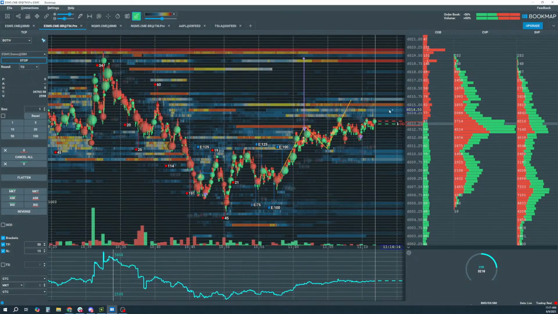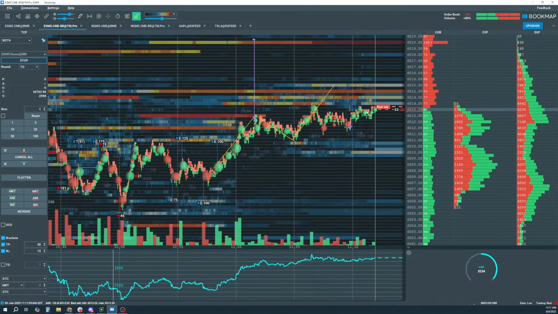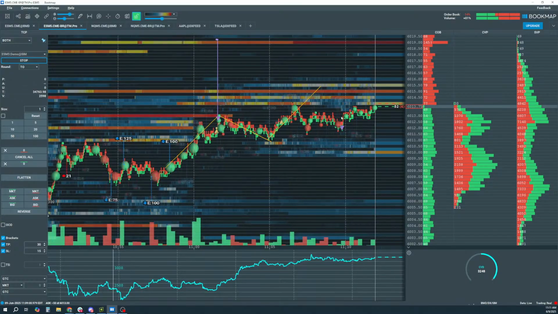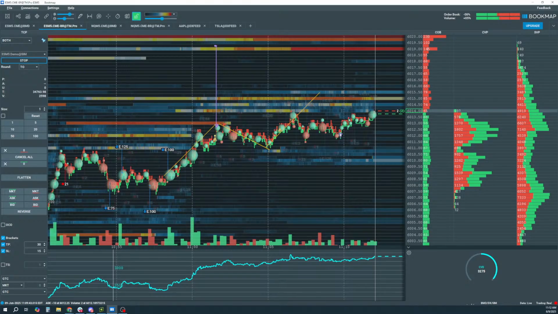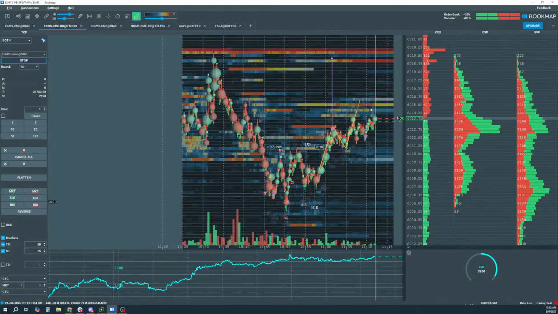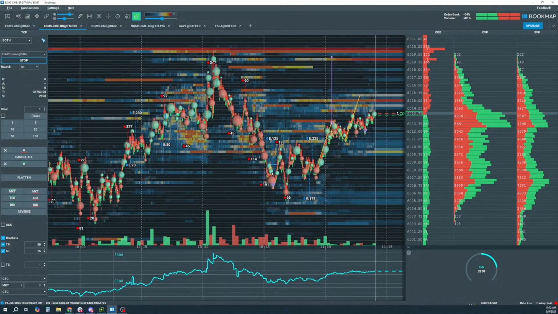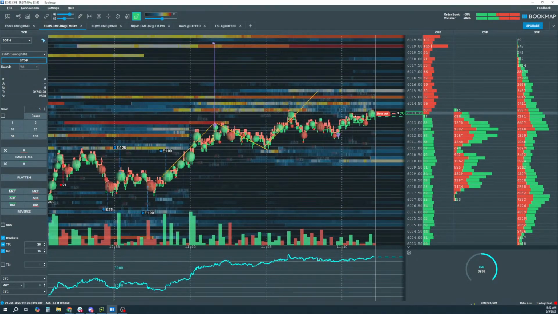All right, guys. So look again, small loss on this, just a couple ticks. And it's likely going to work out. This trade is going to work out, just kind of like this one over here as well. But I'm okay with this.